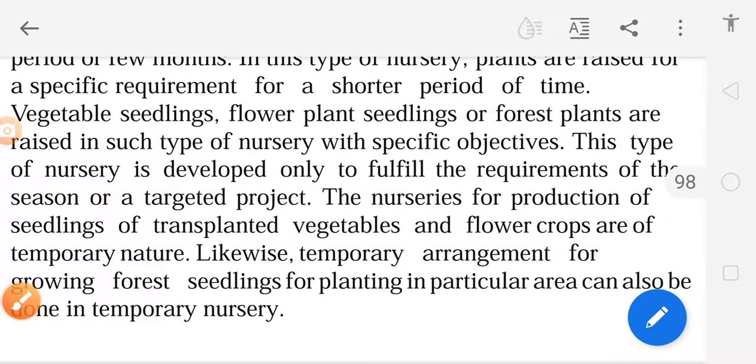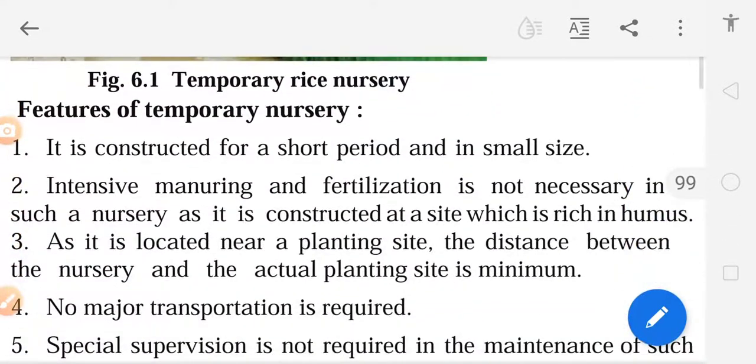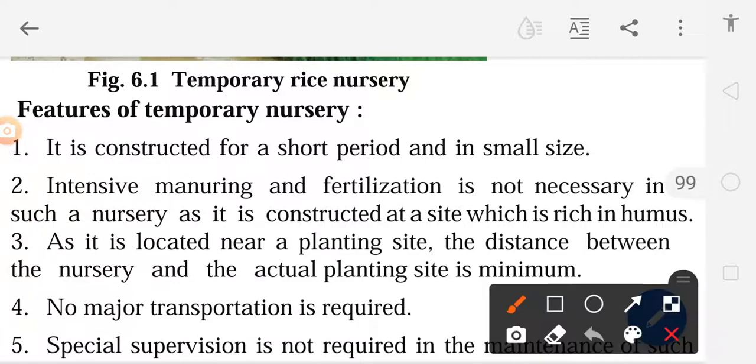Then come to the other features of the temporary nursery. Just as we have studied, the temporary nursery is for a short period, and very importantly it is small in size, and it is possible that it may not give you sufficient output or benefit. But what is another feature?